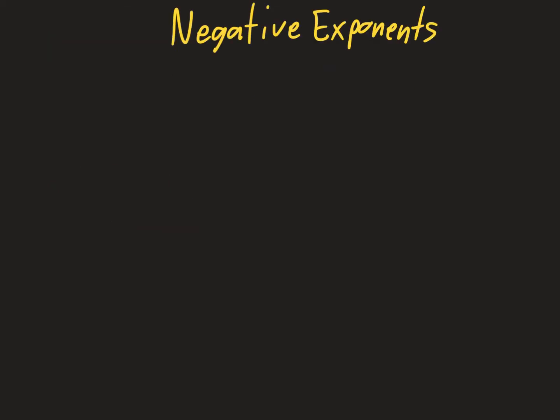Now, let's look at what happens when we have a negative exponent. So let's consider the quantity x squared divided by x to the 8th power. If we were to expand this out, we would have x times x over x times x times x times x times x times x times x times x.